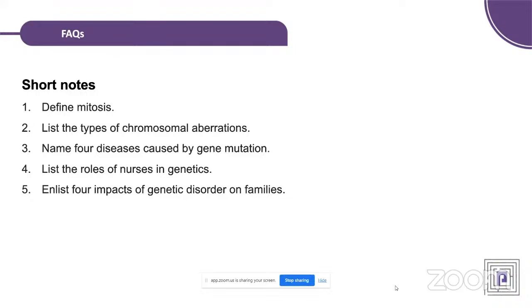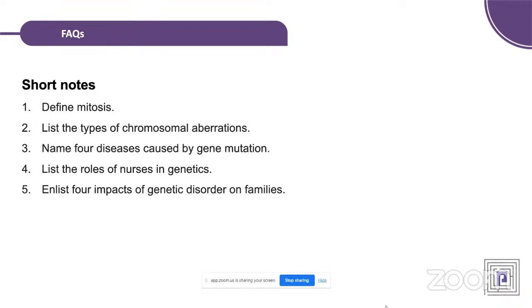For example, what is the definition of mitosis? It is a process where a single cell divides into two, and each has the same kind of chromosomes as the parent cell. Okay. And then types of chromosomal aberration. It can be numerical aberrations and structural aberrations.